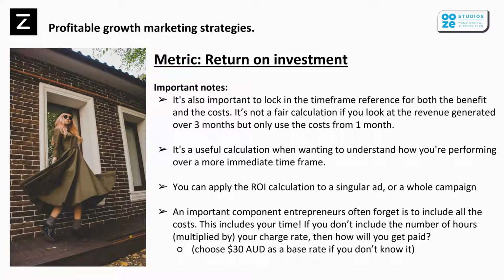You can apply the ROI calculation to a singular ad or a whole campaign. In Facebook Ad Manager, you'll have a ROAS, which is return on ad spend, which again is good for measuring the ad performance. And you should be aiming to get a 3 or a 4 ROAS or above, because that's not including all your other associated costs, right?